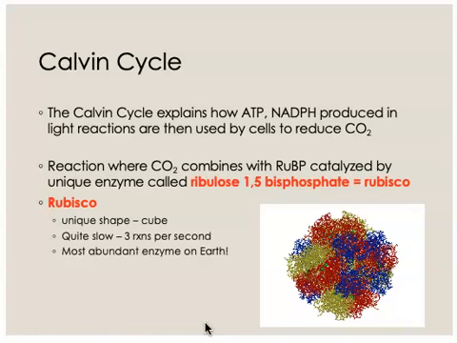So this enzyme, with 3 reactions per second, is pretty slow. Very, very strange, very interesting. The other thing to know about Rubisco is this. It turns out that Rubisco is the most abundant enzyme on the planet. And that's because it is found in every single photosynthetic cell on the planet. Something to think about.